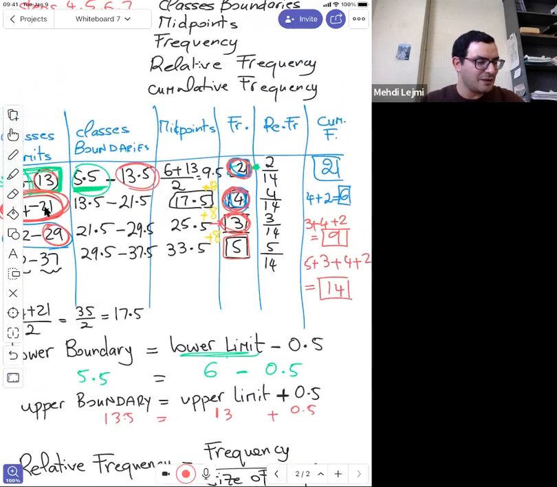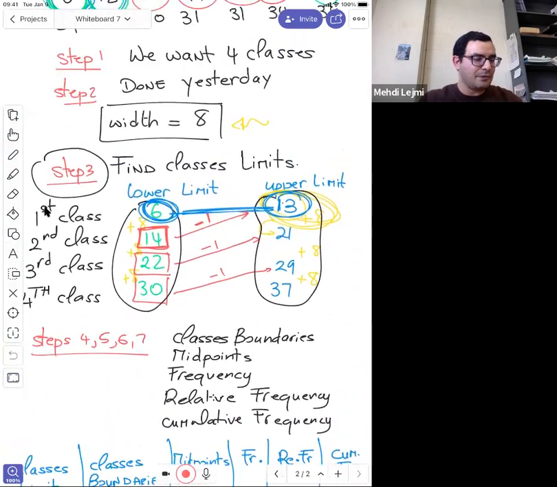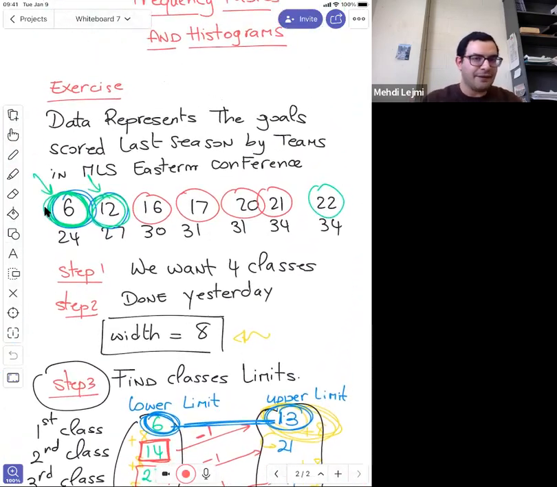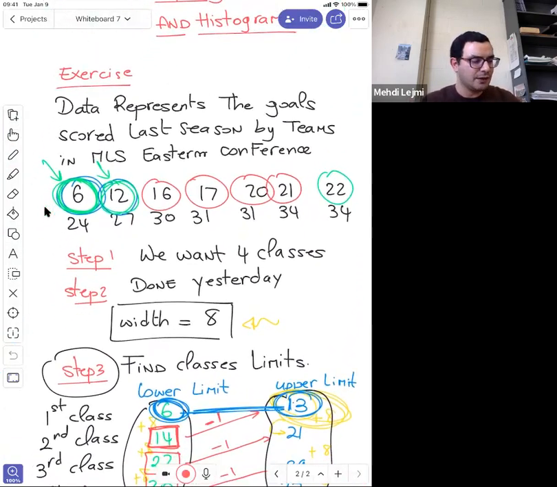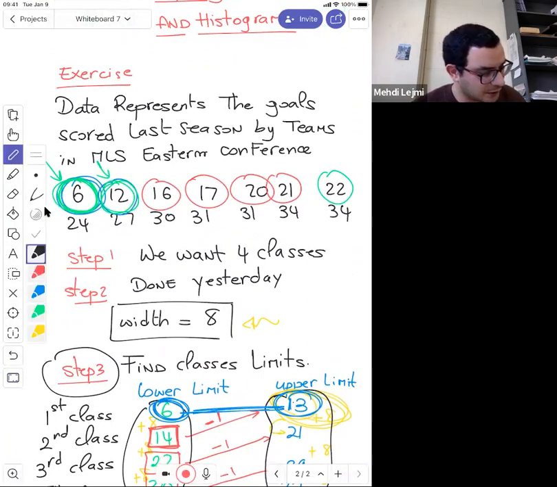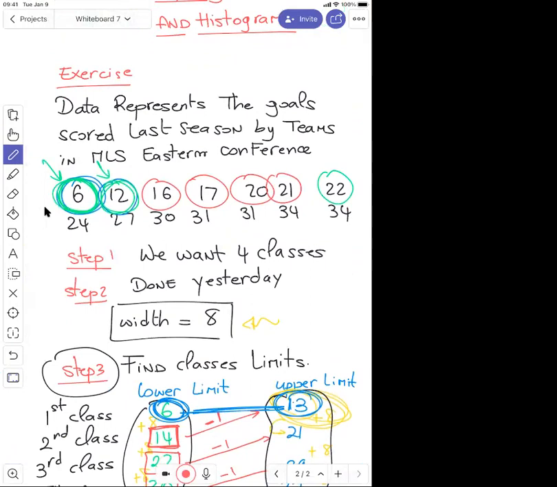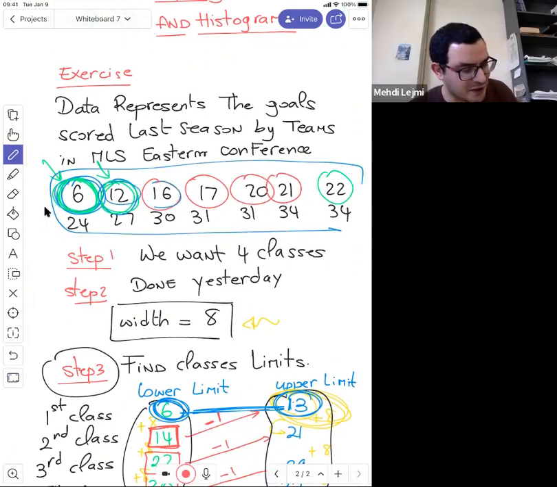What do I mean by the size of the sample? I mean how many data values we have, how many numbers we have. Here, if you count how many numbers we have in total, it's 14. We have 14 teams in the Eastern Conference. So that's why I divide by 14.